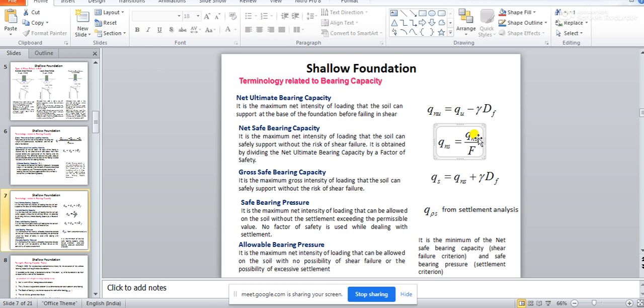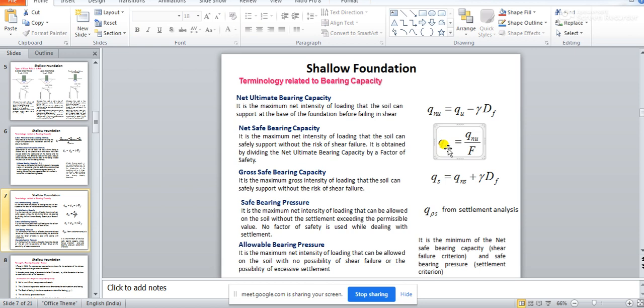So, what is net safe bearing capacity? See the terminological change: the previous one was net ultimate bearing capacity, now the next term is net safe bearing capacity. Mathematically it is simple. The net safe bearing capacity is written as QNS.